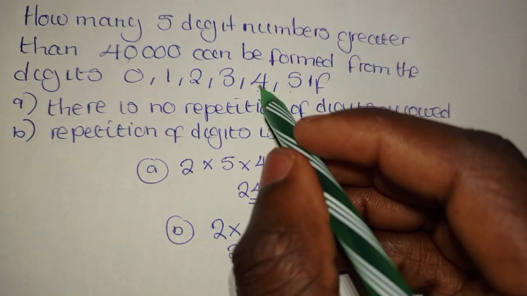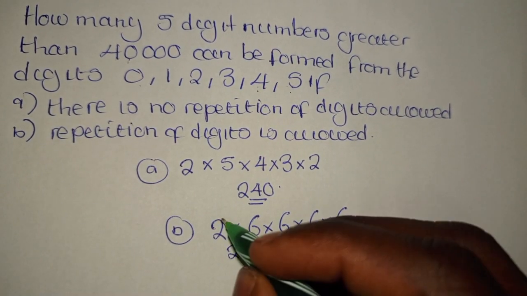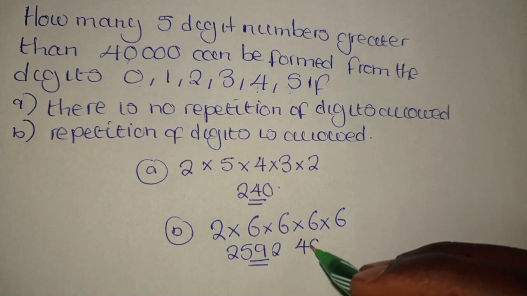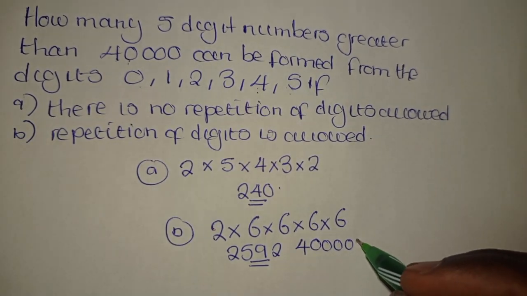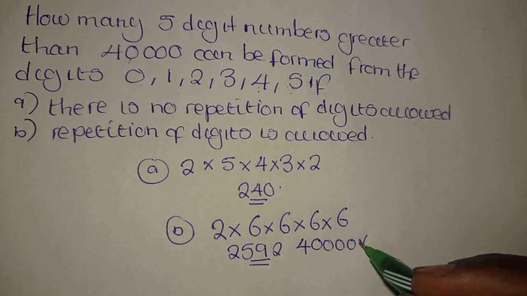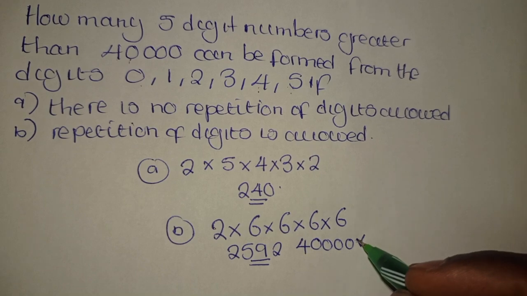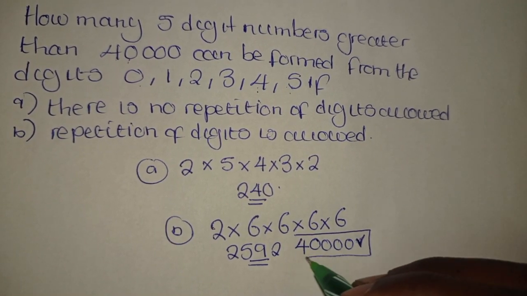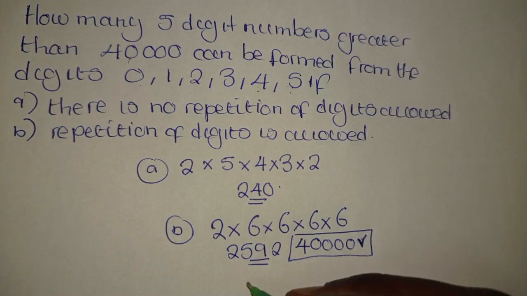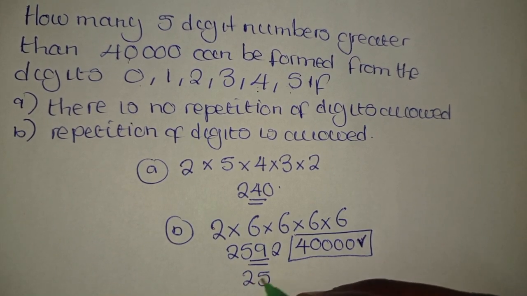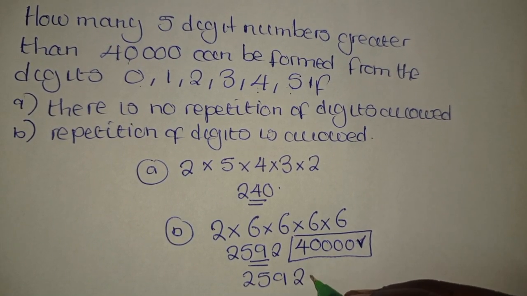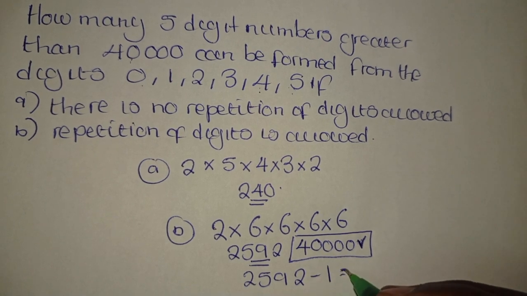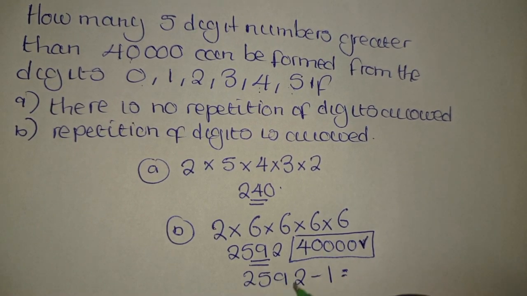Remember, let us assume we were to use 4 in our first position, which means 0 can be used frequently, because remember we said it can be reused again. But we do not want 40,000. So to this total we subtract 1, so that we can remove 1, because one of these numbers will contain the 40,000.